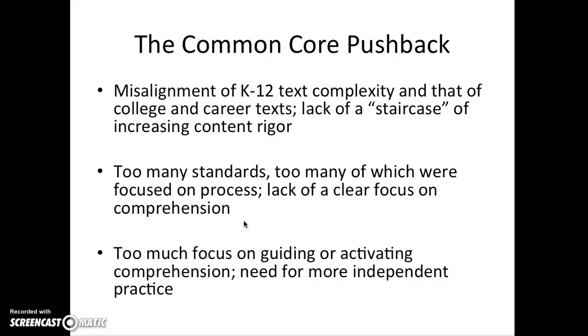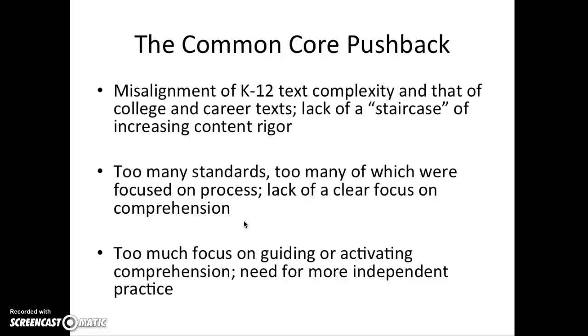One is that there was this disconnect between what counted as reading in K through 12 and what counted as reading in college and career, right? One I'm sure you heard of is that there was an overemphasis on narrative in K through 12, whereas there was a much more significant emphasis on expository writing and nonfiction informational texts in college and career.